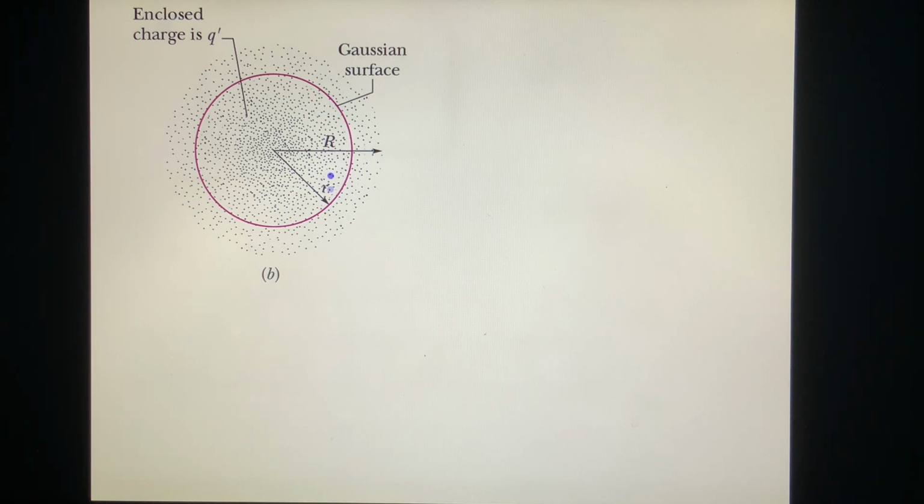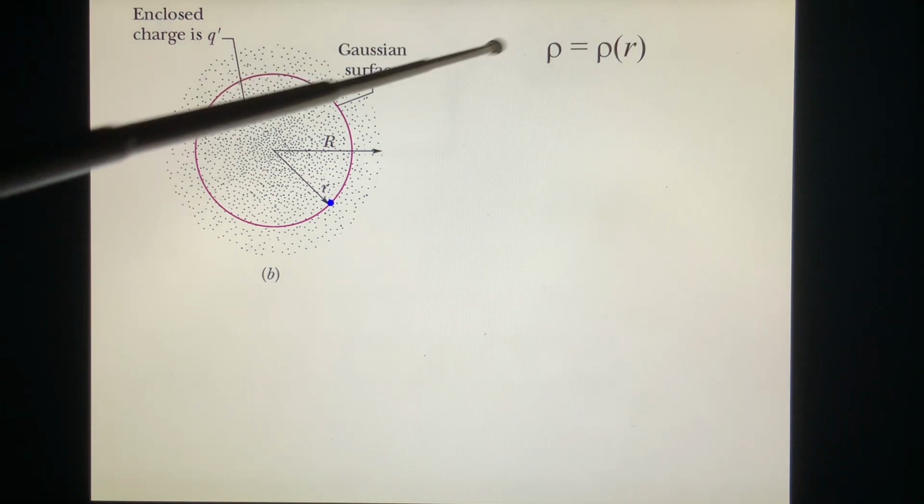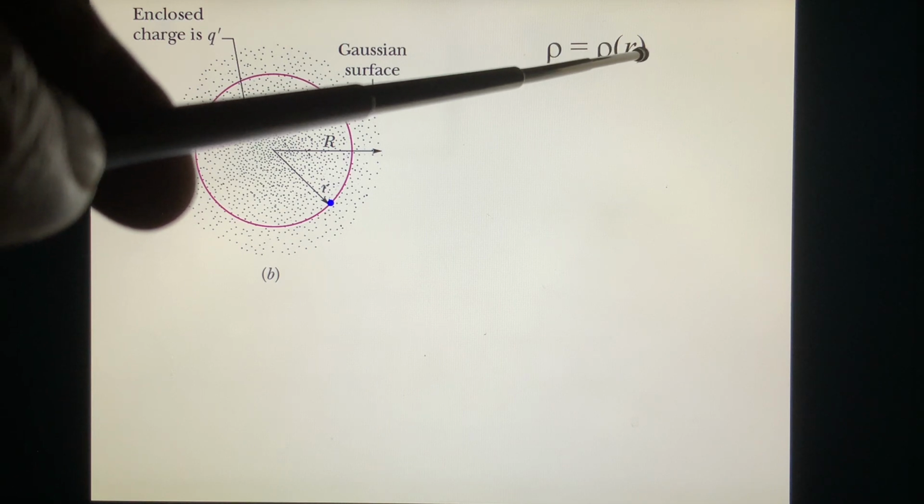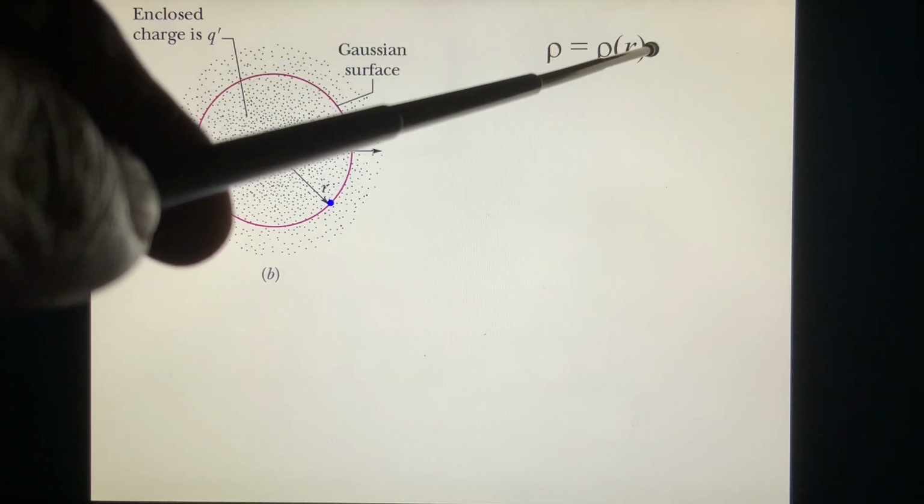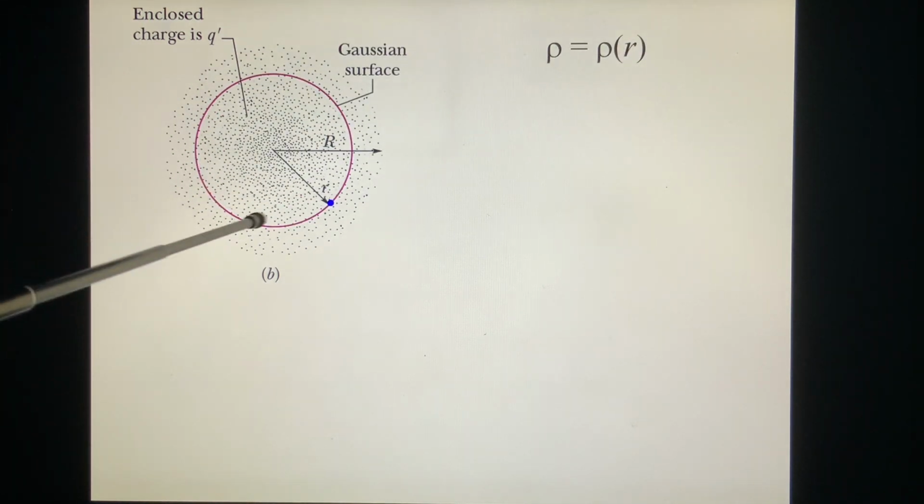Now, if you want to find the electric field at this point with distance r, what we do is make a Gaussian surface with the same center and passing through radius r. Suppose the charge density rho is a function of r, and that means at the same r you have the same rho, so this is spherically symmetric.